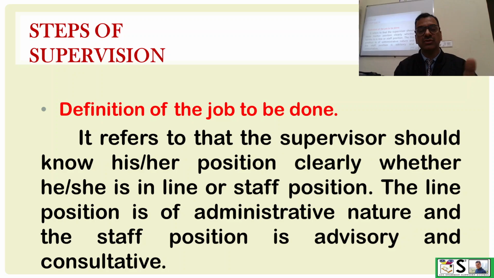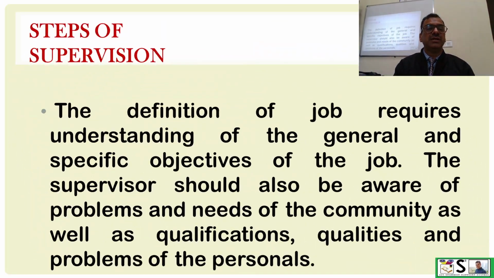After that, these 4 points can be in relation to the supervisor as well as in relation to the staff whom we are supervising. Okay, so first we will define the job and explain it clearly to the subordinates. The definition of the job requires understanding the general and specific objectives, that what we have to do.